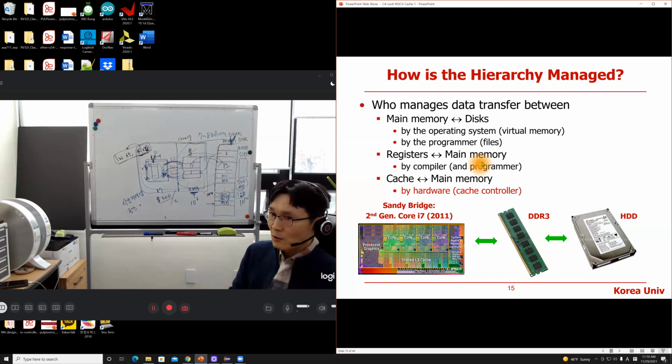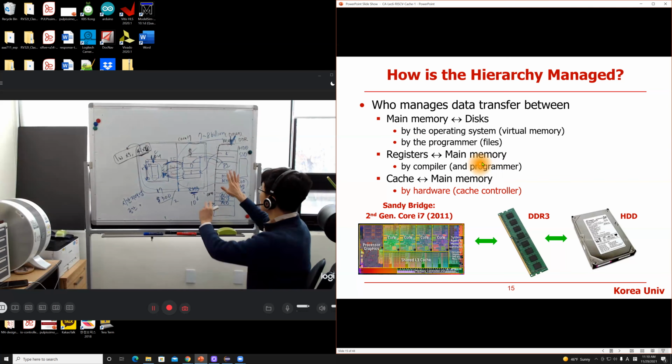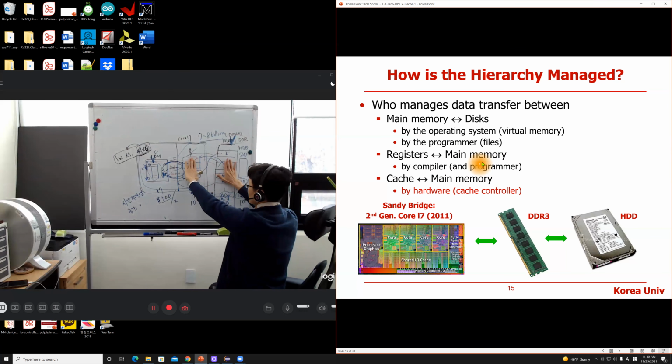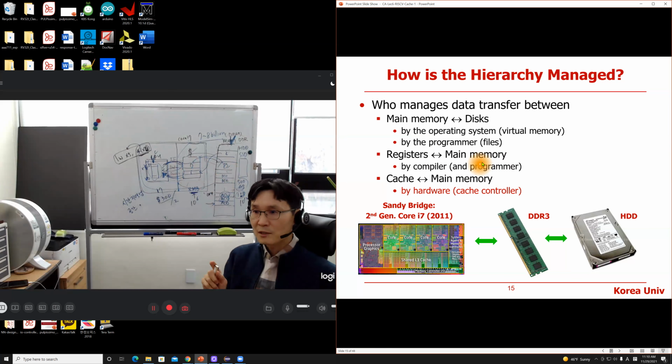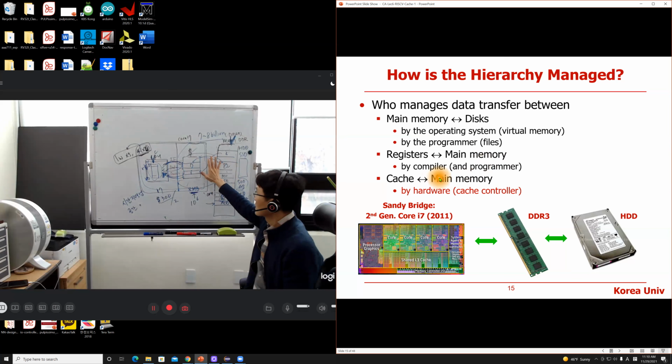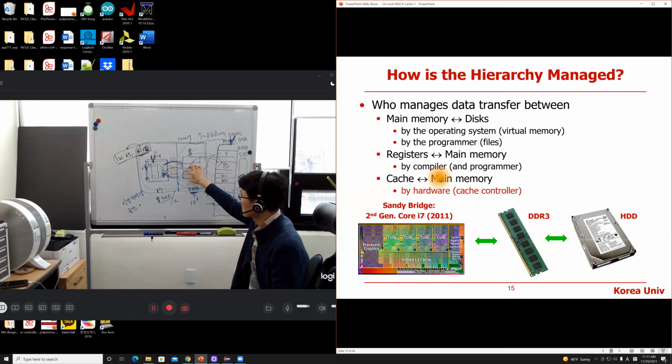How about data transfer between main memory and cache? Who is managing data transfer? Hardware. You don't have to worry about that. Software people don't worry about data transfer between main memory and cache. It is automatic, okay? So data in main memory will be placed into the cache automatically by hardware.